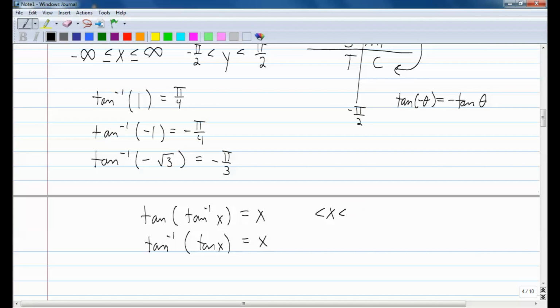So x is between negative infinity and positive infinity. If the inverse is on the outside, then the x needs to be between negative pi over 2 and pi over 2. And so if you need to understand how to work out this, know that it works the same as inverse sine, so you can go back and watch the inverse sine video.